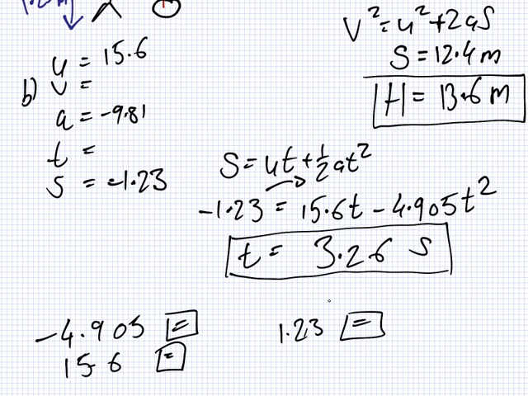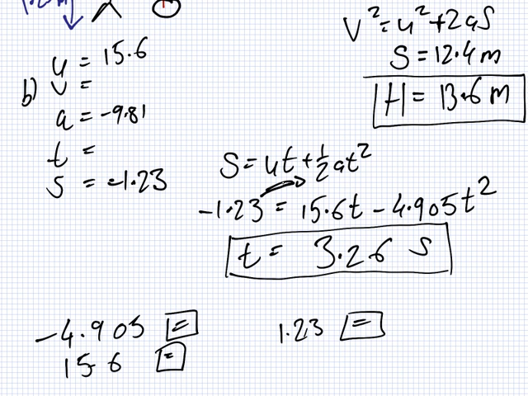What? No. I got 3.0. Hang on, let's do this together. Mode 53, minus 4.905 equals, 15.6 equals, 1.23 equals.